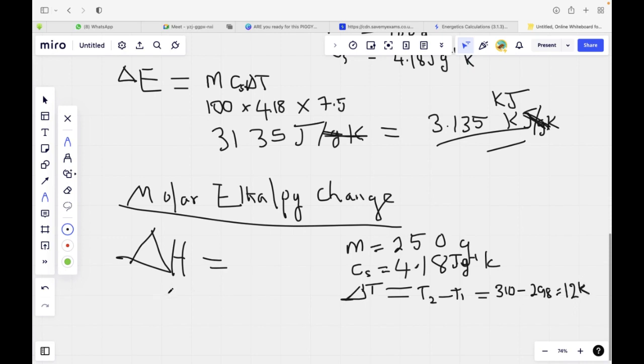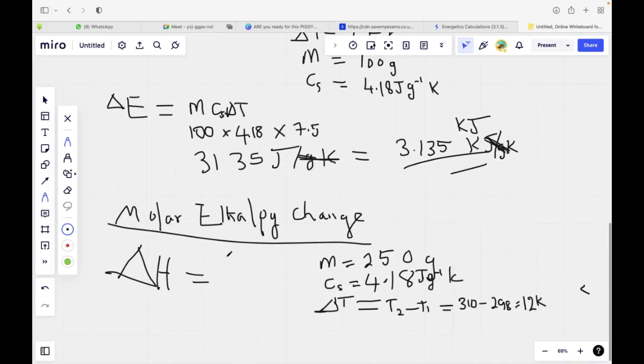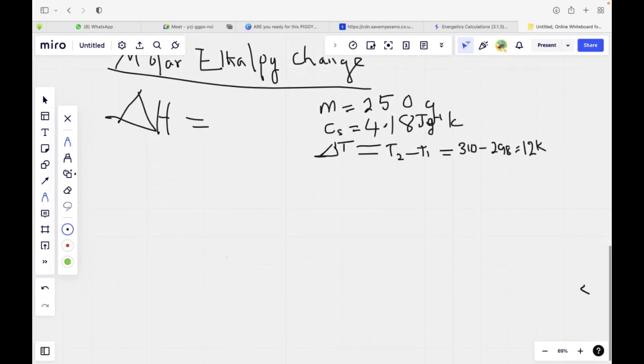So to calculate the energy now, we say delta E or Q. You know, I said you can call it delta Q, right?